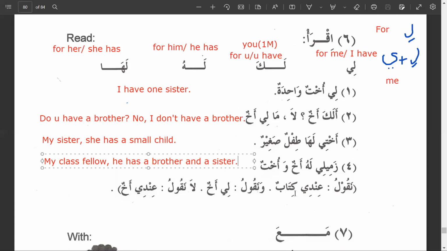So this is temporary and it's near me, but for relationship, li akhun. Did you get the point? We don't say indi akhun or indi ukhtun. We say li akhun or li ukhtun. Okay? For family relationships, we use li instead of indi.